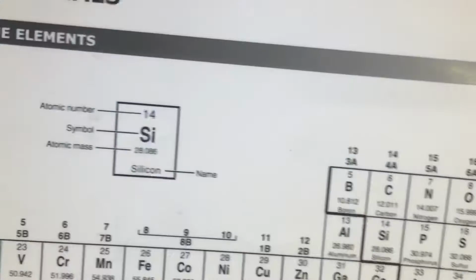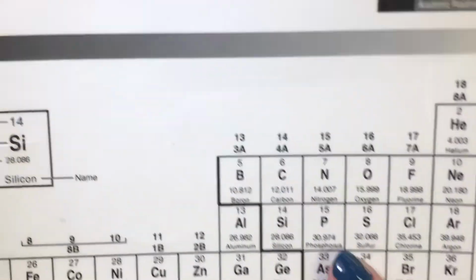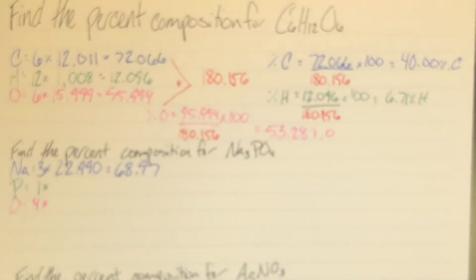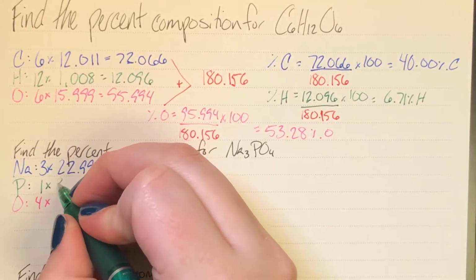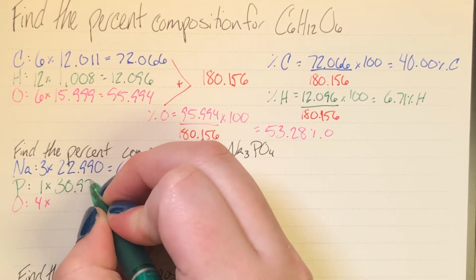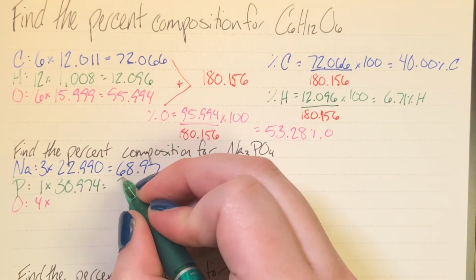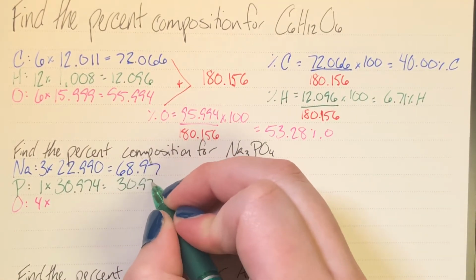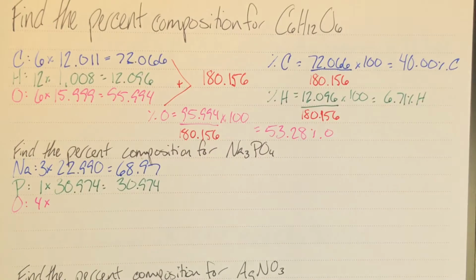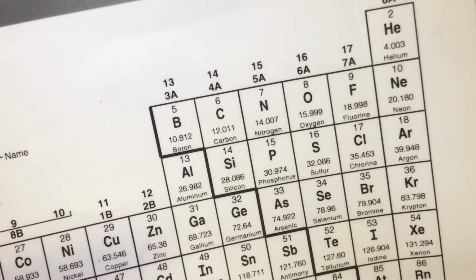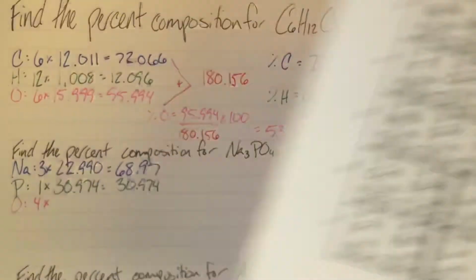Phosphorus's mass on my periodic table is 30.974. And 1 times any number is just going to be that number, so 30.974. And then oxygen's mass from the periodic table is going to be 15.999.